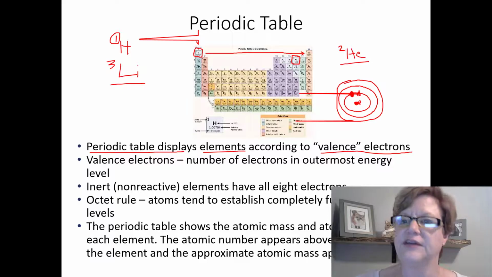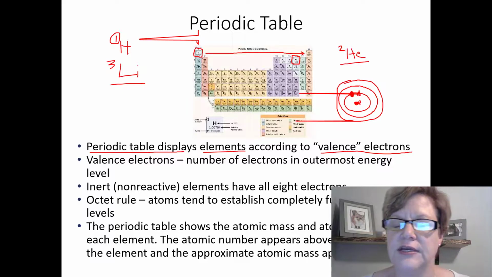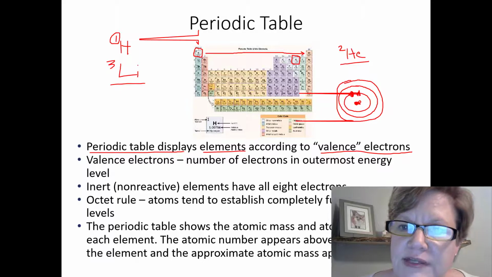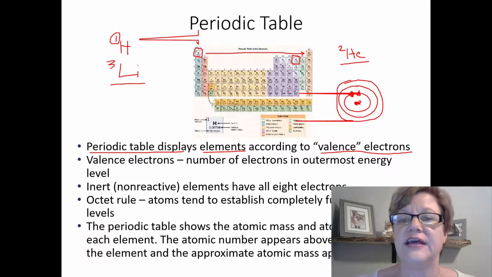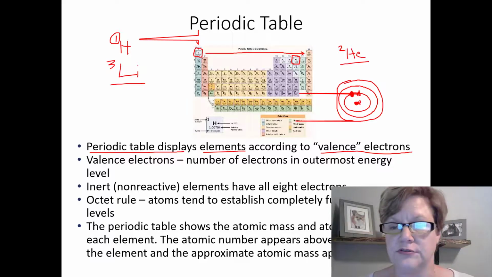Now we said that the second energy level can hold up to 8. So the second energy level is not full in this example of oxygen. And so that means that oxygen has 2 energy levels, because any energy level that doesn't have any electrons in it disappears. So the third energy level would just disappear.